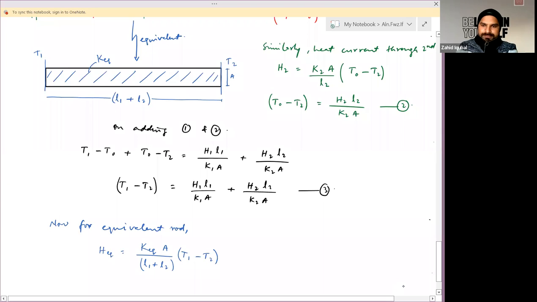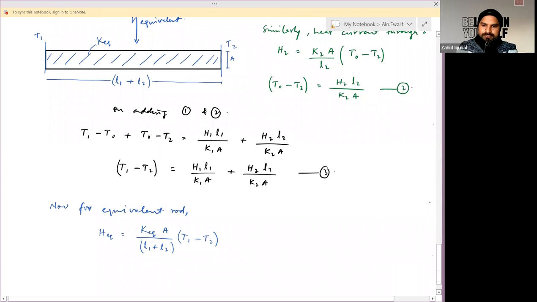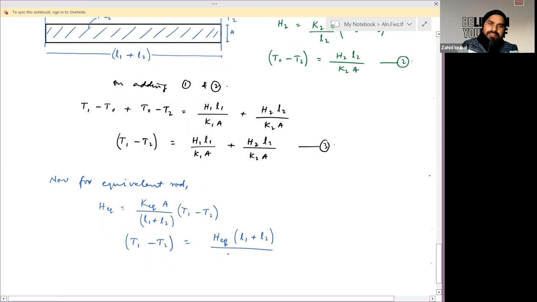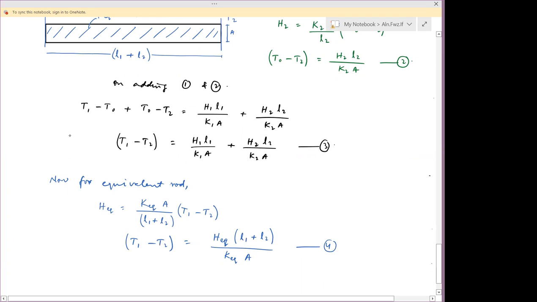So we may write T1 minus T2 equals to H equivalent multiplied by L1 plus L2 divided by K equivalent into A. Let's say this is equation fourth. Ifra, is it clear? Yes.